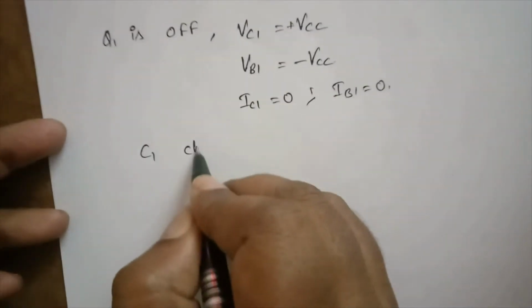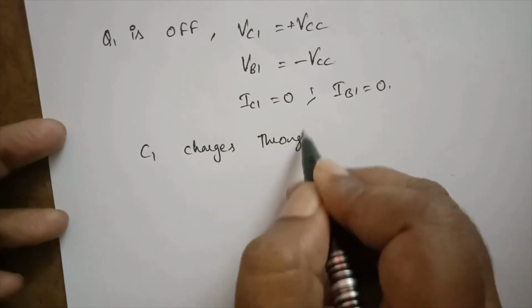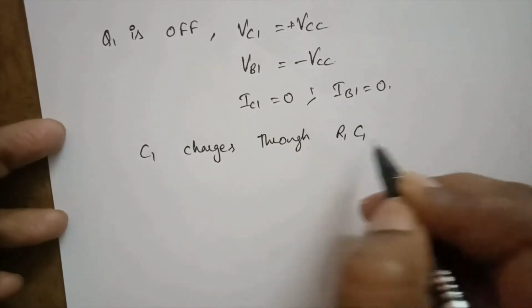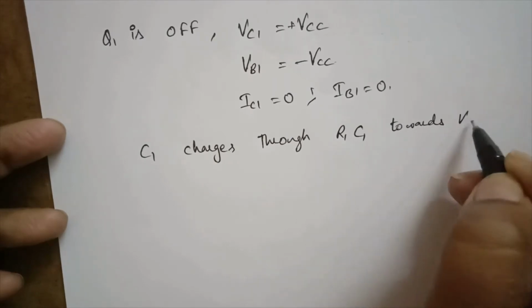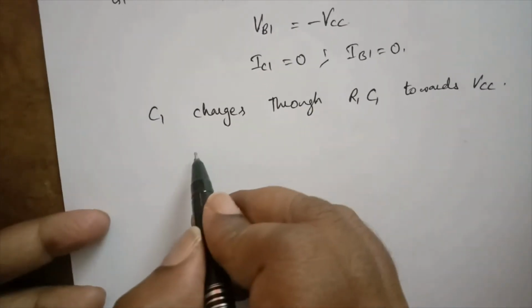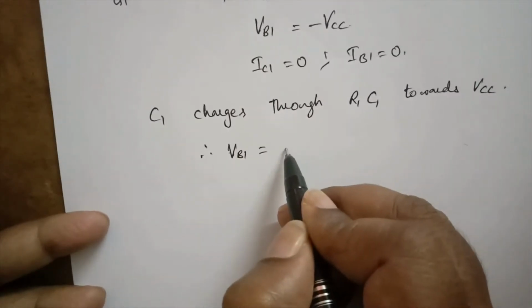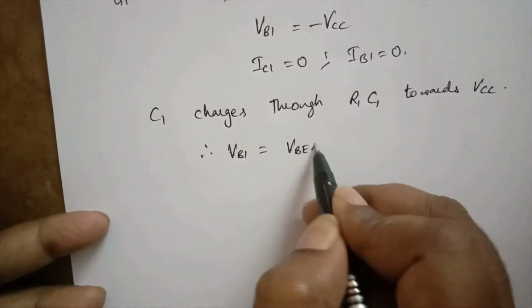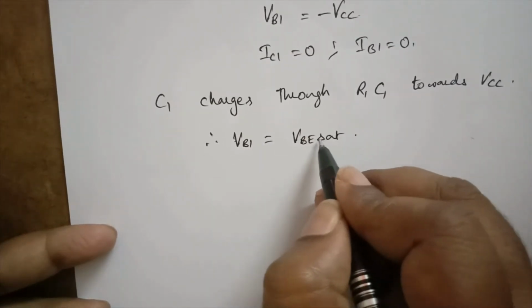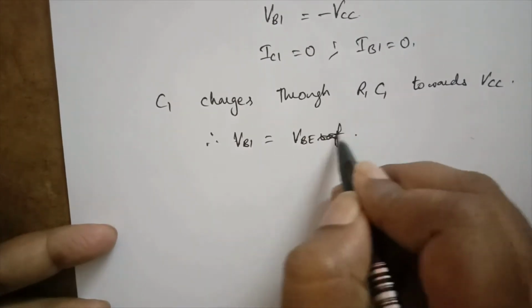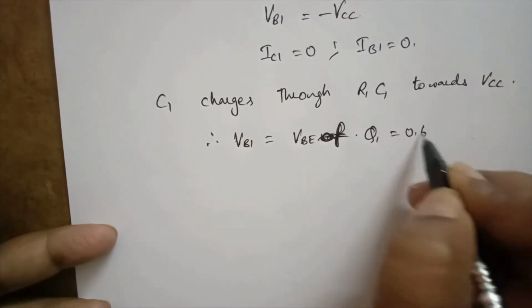Okay, so here in this case C1 charges through R1 and C1 towards VCC. Therefore VB1 becomes VBE of Q1, 0.6 volts.